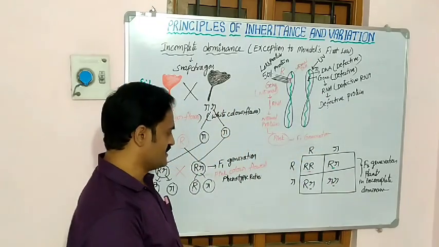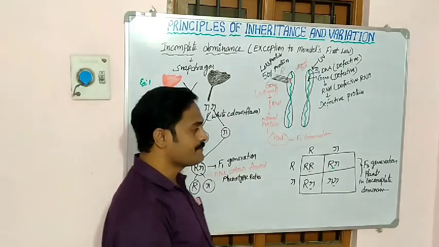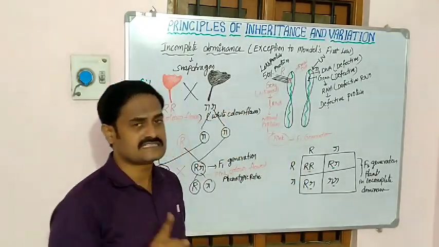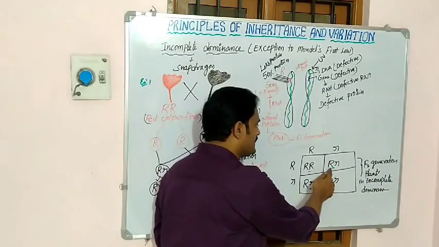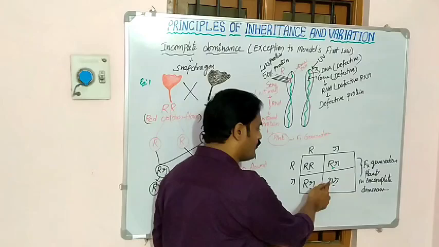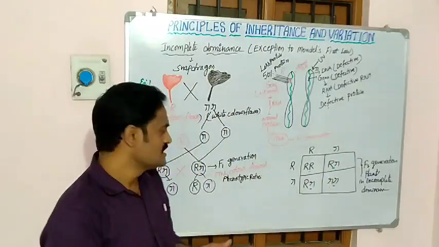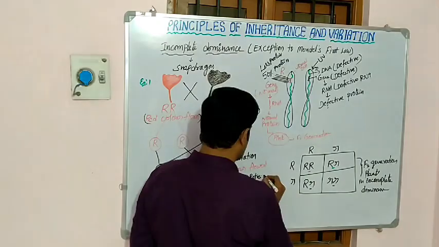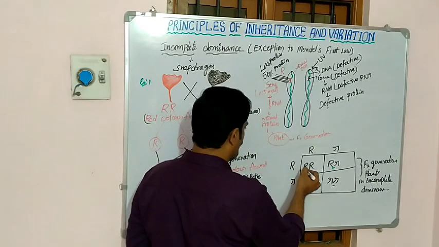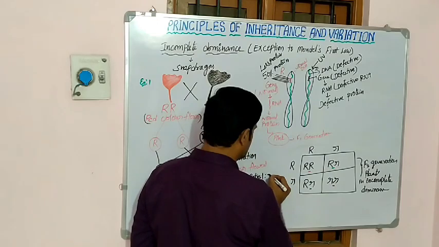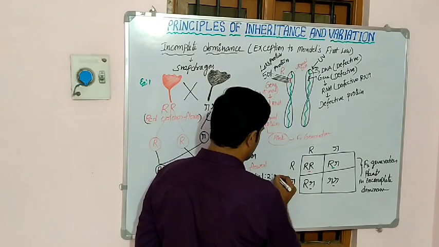Then phenotypically, what is the ratio? See what type of plants. How many red color flowers? 1. How many pink color flowers? 2. How many white color flowers? 1. So what is the phenotypic ratio? In the F2 generation, 1 is to 2 is to 1.